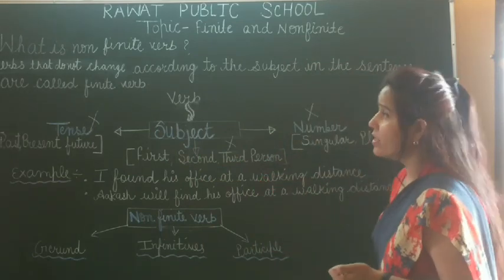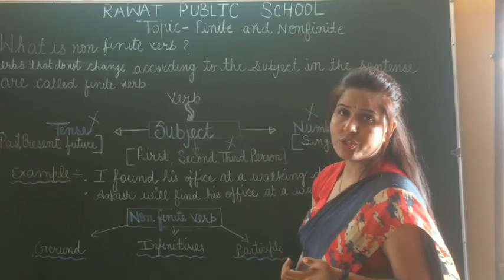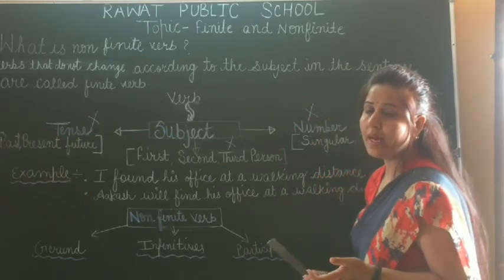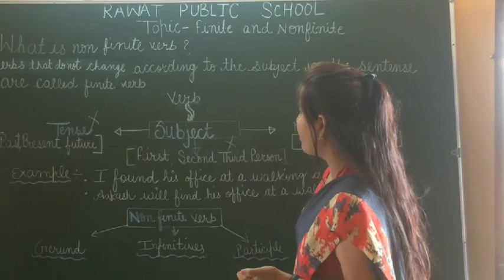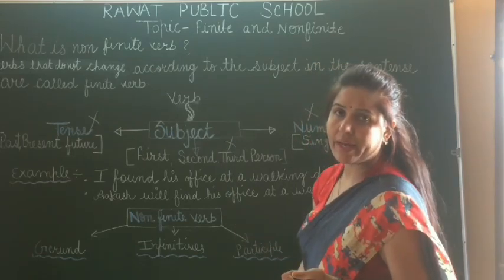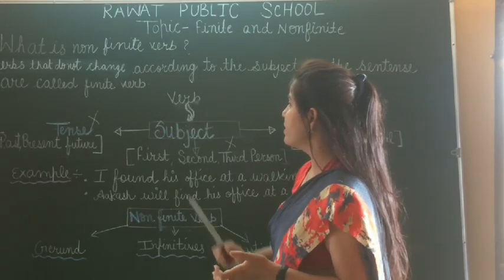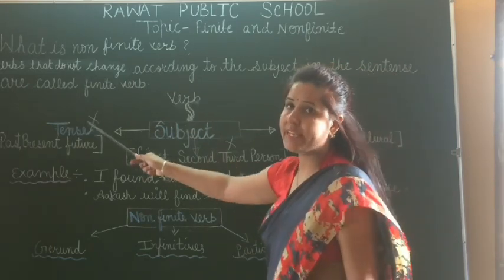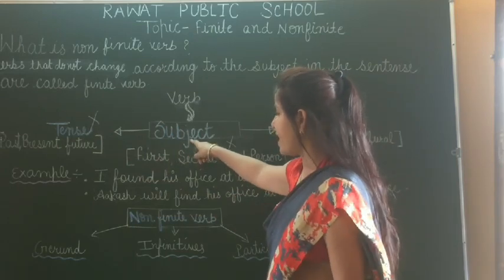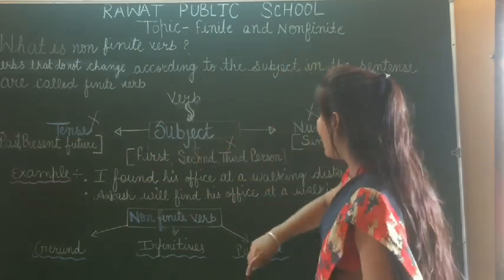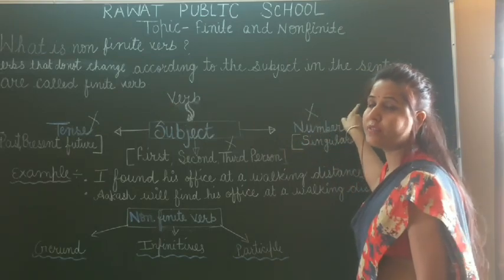One more important thing: a non-finite verb does not change as per the tense, it does not change as per the person, and it does not change as per the number of the subject.